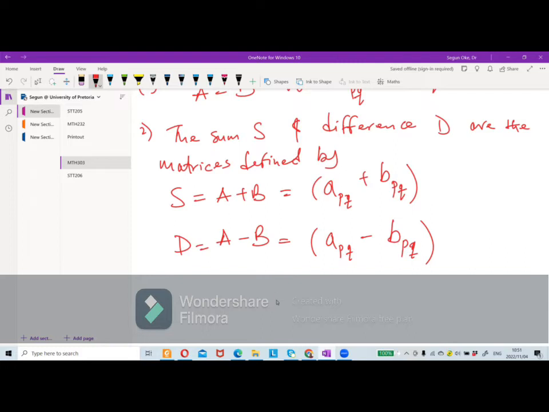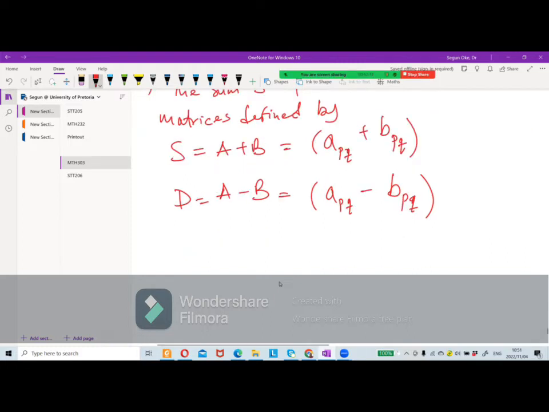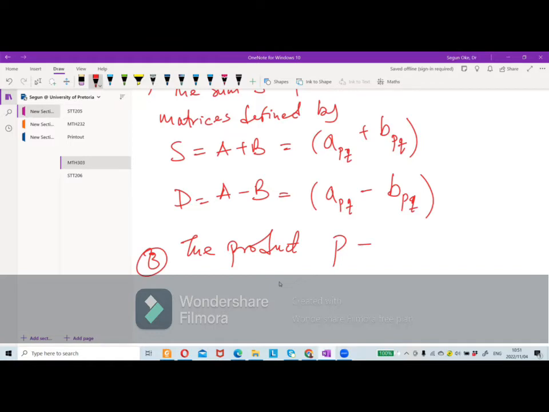So in this case now, when you now have the product, don't forget it's not ordinary product. The product AB of matrix AB is defined when the number n of columns in A is equal to the number of rows in B. That is, the number of columns is equivalent to number of rows.